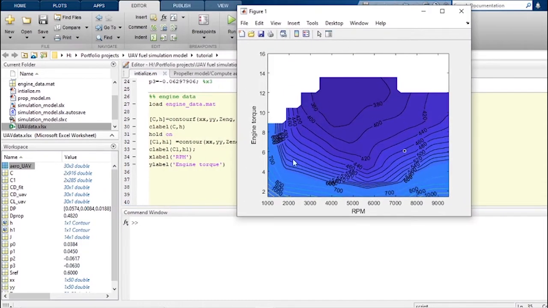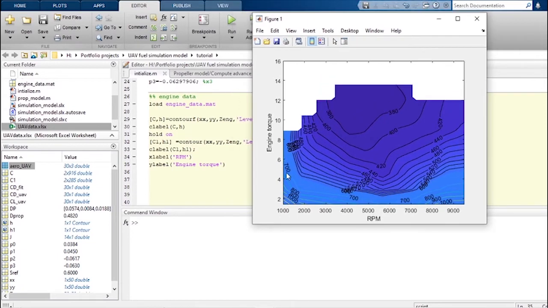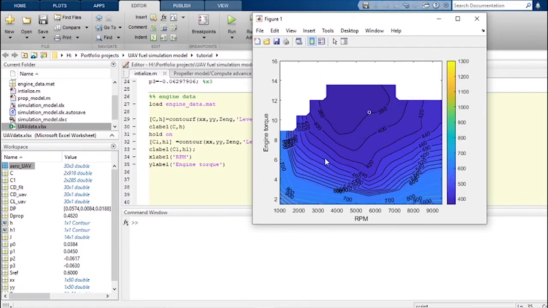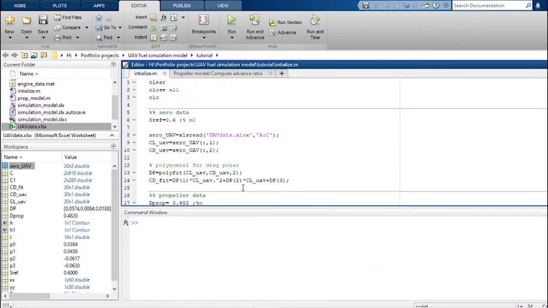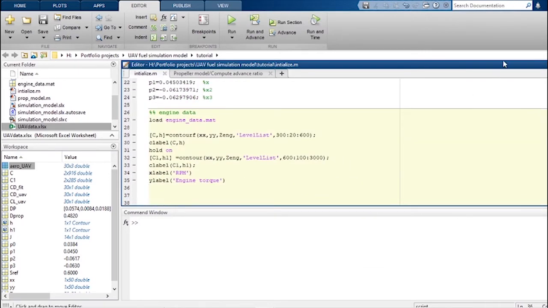So here is our generated contour, and when we are running our UAV simulation model, what we can essentially do is compute our specific fuel consumption value for a given torque and RPM that is provided by the propeller. Now that we have defined all of the relevant parameters, I will move into the Simulink environment.